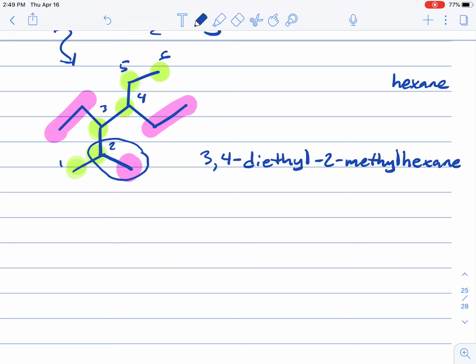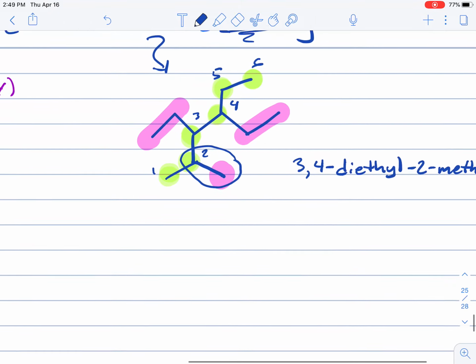So I'm going to tack on the end, which is hexane. So if you name the organic compound as 3,4-diethyl-2-methylhexane, that's also a possible correct answer.